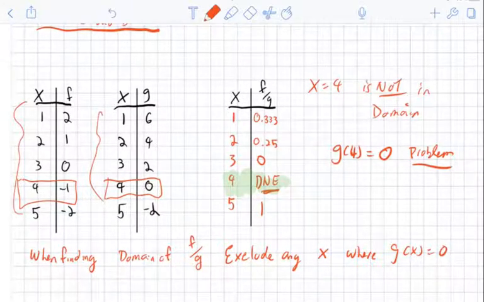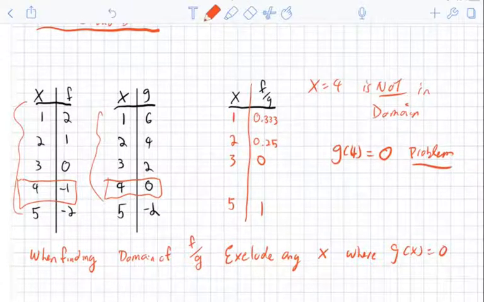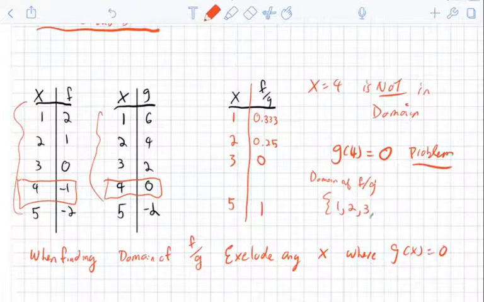So that's a big issue. But essentially, when you're calculating domain and range, especially in these terms, you just make a new table and then you write the DNEs, and then if you want to, you can remove them afterwards and say, oh, in this case, the domain of this expression f divided by g is 1, 2, 3, 5. 4 is not in it because g is equal to 0 there.